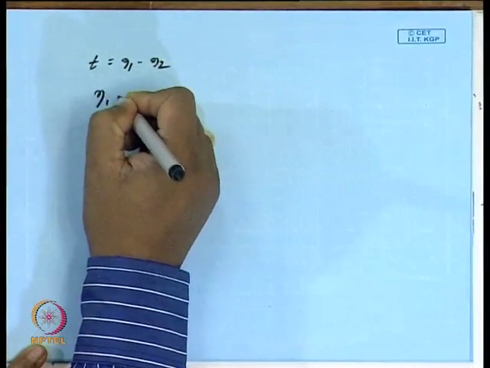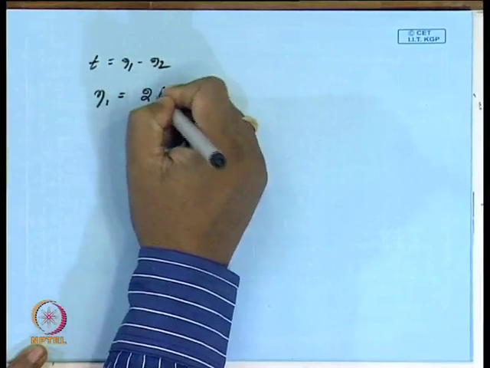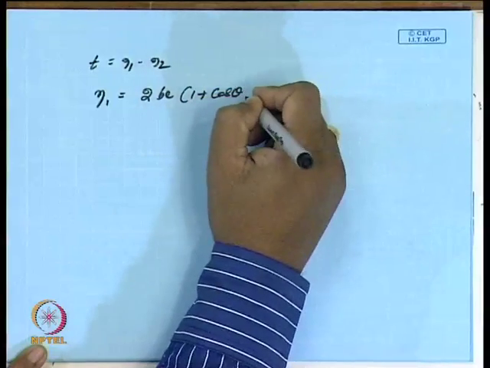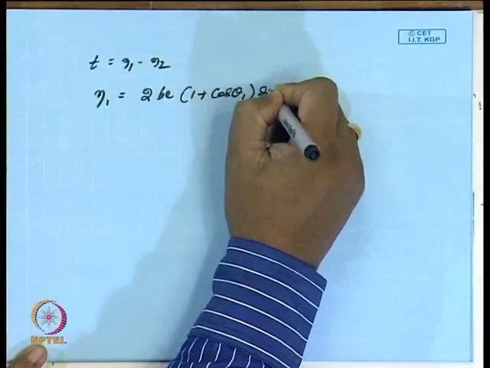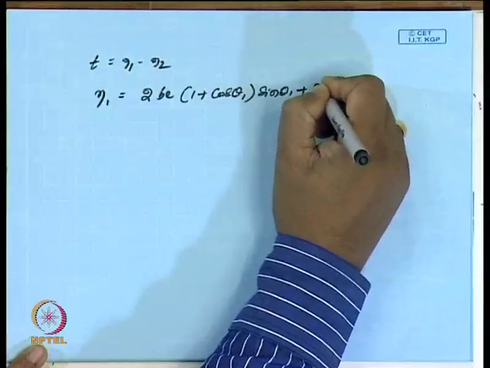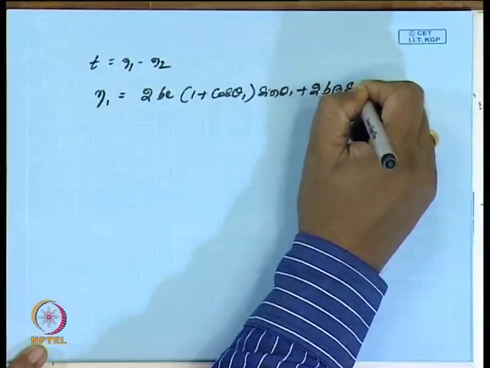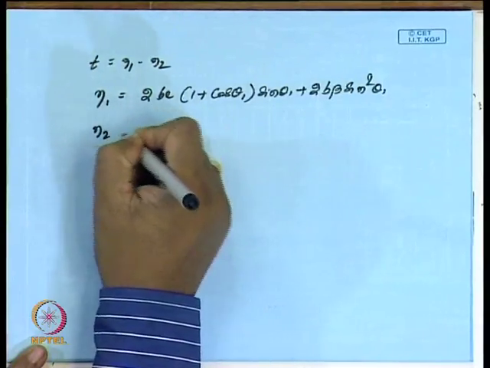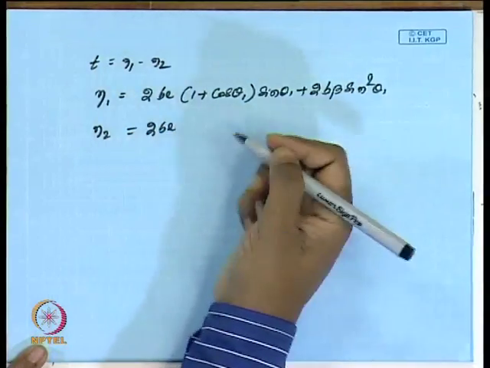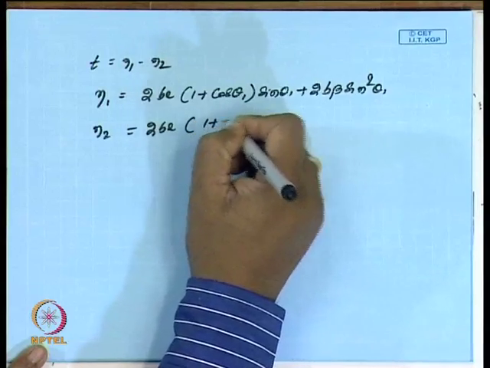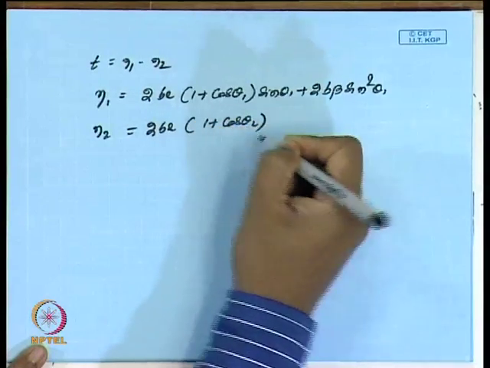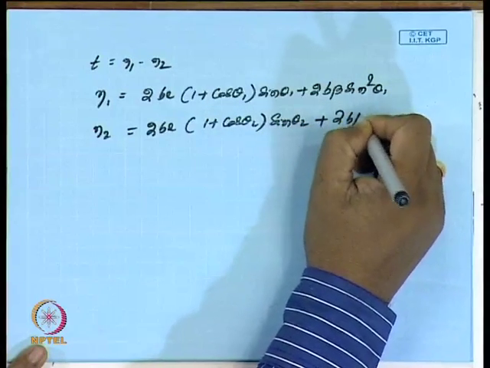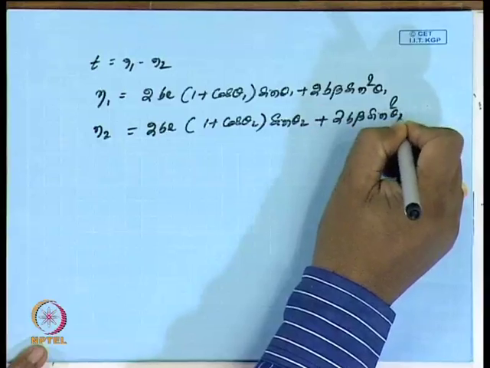Then my eta 1 will be, for the same angle theta, 2b into (1 plus cos theta 1) into sin theta 1 plus 2b beta sin square theta 1, and my eta 2 will be 2b into (1 plus cos theta 2) into sin theta 2 plus 2b beta sin square theta 2.